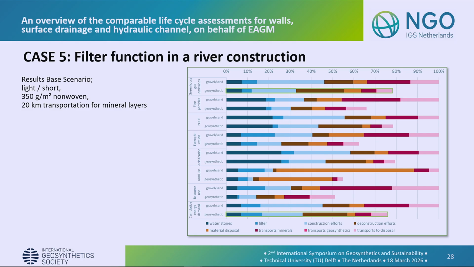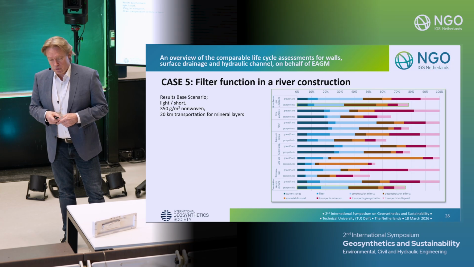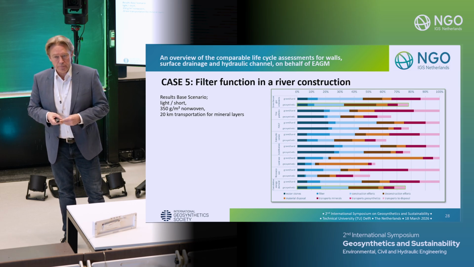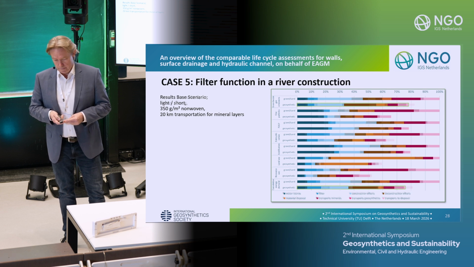And here you can see the reduction of CO2 emissions or accumulated energy demand are not so high as, for example, in case 3 or 4. But nevertheless, we have a reduction of all this. And you can see also for all emissions that are evaluated, you see this reduction.